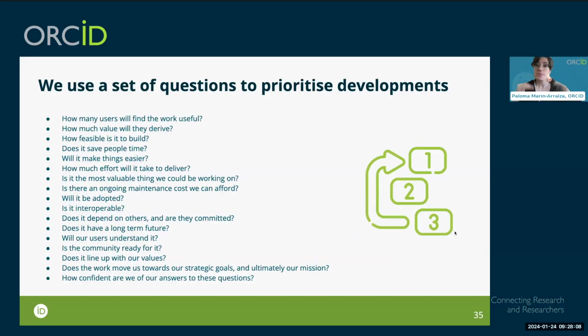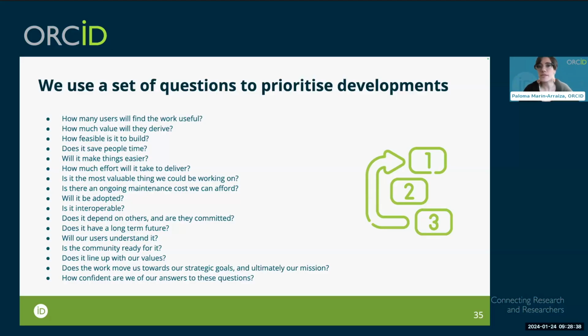For this prioritization and to understand the development, we have a set of questions that we try to answer internally before we start developing or proposing something to be developed. Questions in these sets are, for example, how many users will find the work useful, or how much value will they derive?